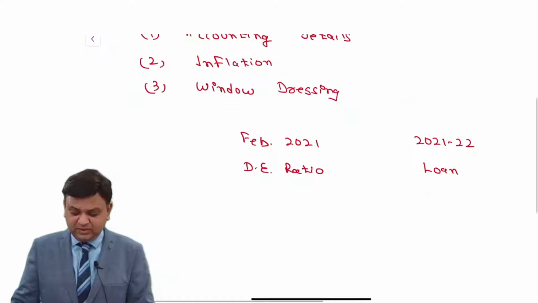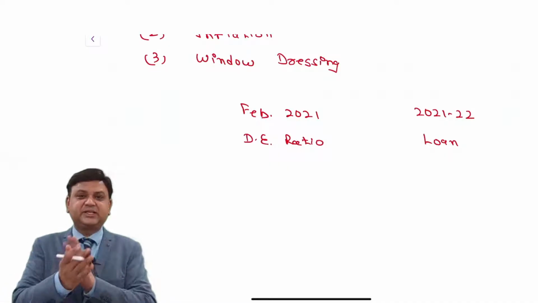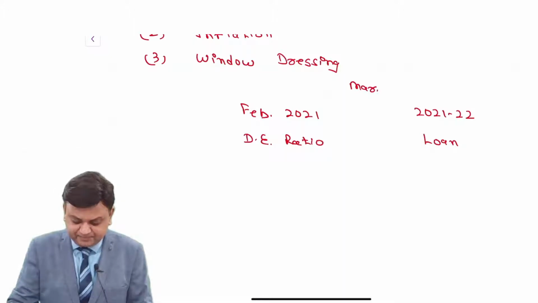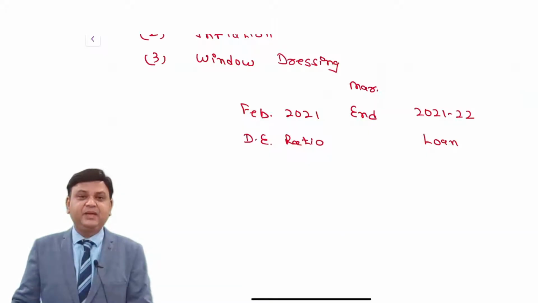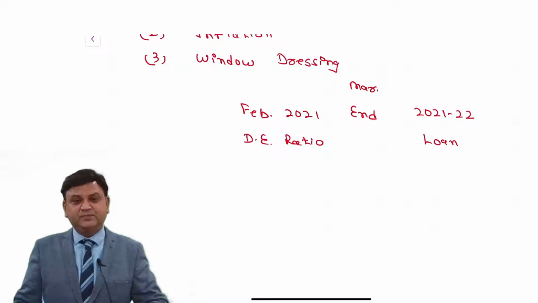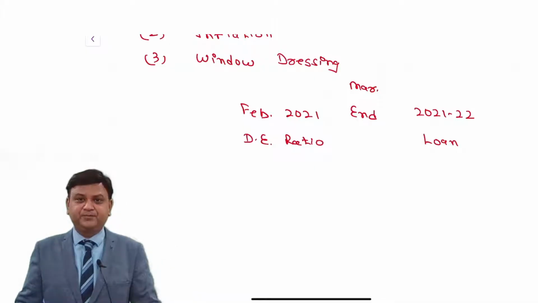So what I will do, even though right now in the month of February I have debt financing in my business, I will do some adjustments, because of which when it comes to March end, I will be able to reduce the debt financing. With that, the debt equity ratio is reduced and I will be able to get a loan. So even though my financial position is not so strong that I should be getting the loan, yet this kind of window dressing is possible.